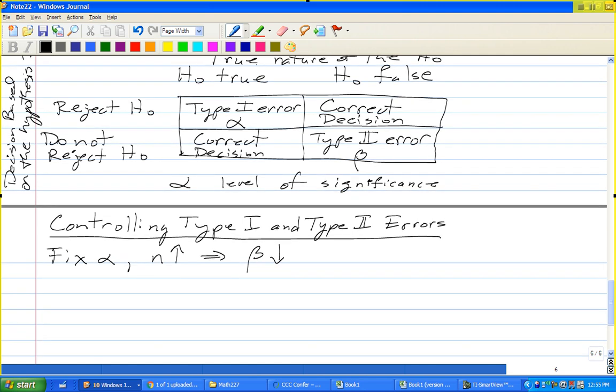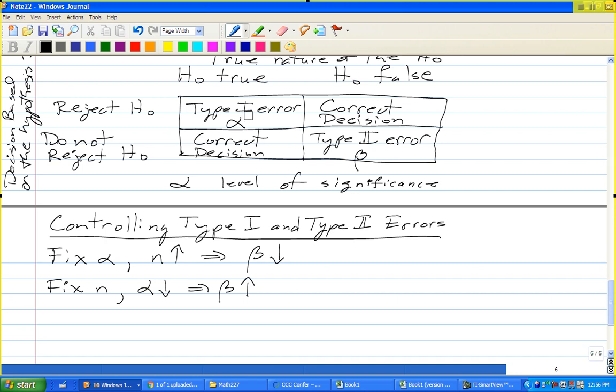Next, if you fix your sample size, then a decrease in alpha will cause an increase in beta. So unfortunately, that's horrible. If you try to get fewer and fewer type 1 errors, you get more and more type 2 errors.